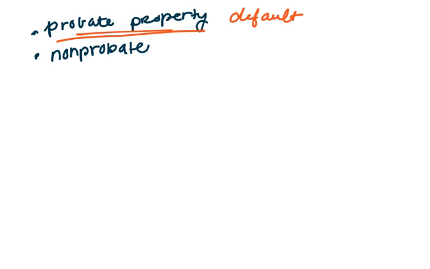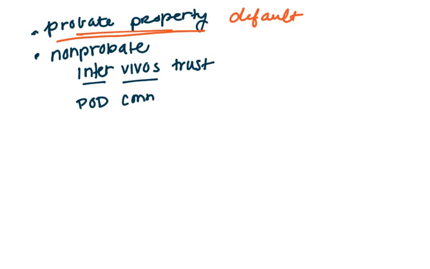The vehicles that are used to facilitate this type of transfer vary, but the ones we're going to focus on are inter vivos trusts, which are trusts that are made during the life of the individual, pay on death contracts, life insurance policies, and joint tenancies.